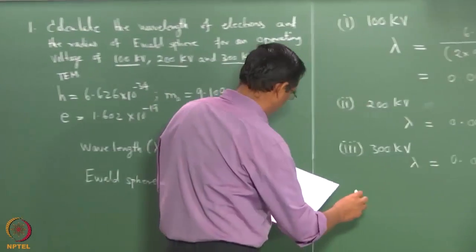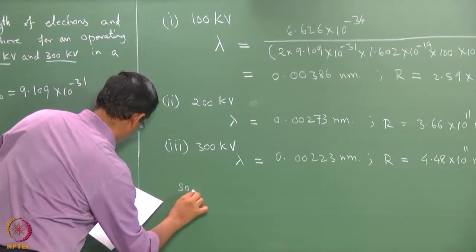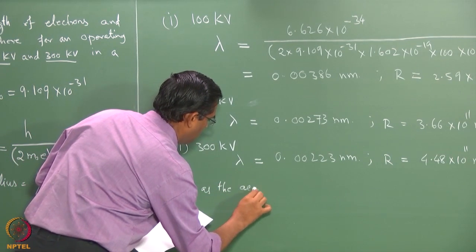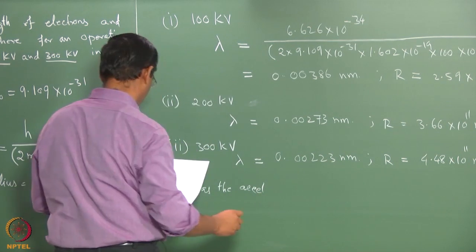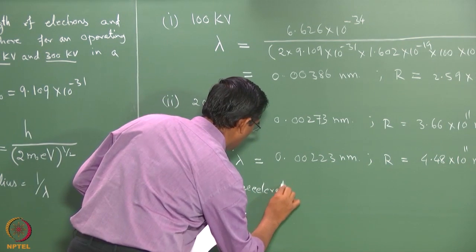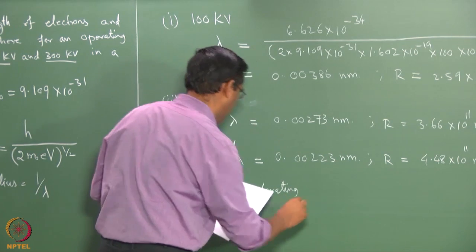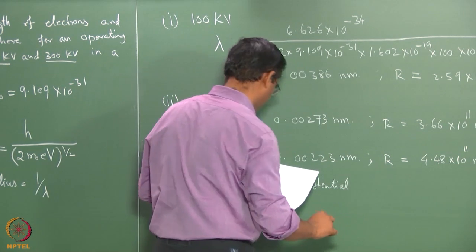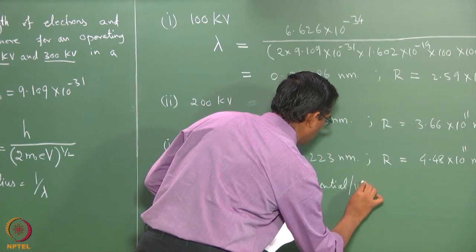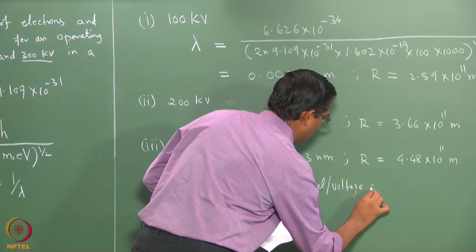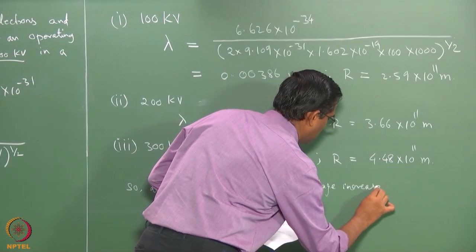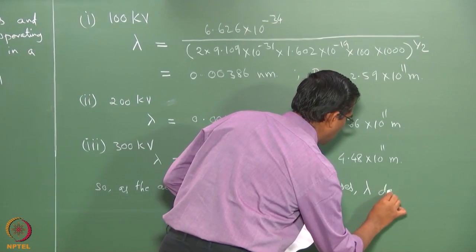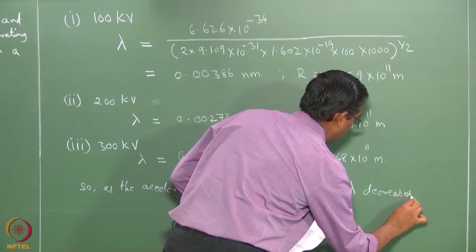So, probably you can write one line: as the accelerating potential or voltage increases, lambda decreases.